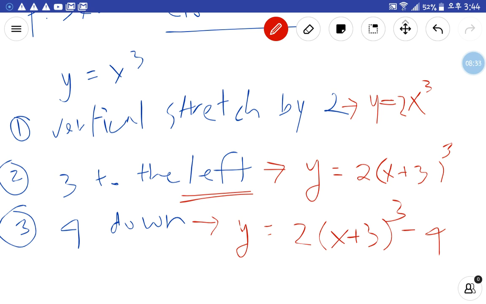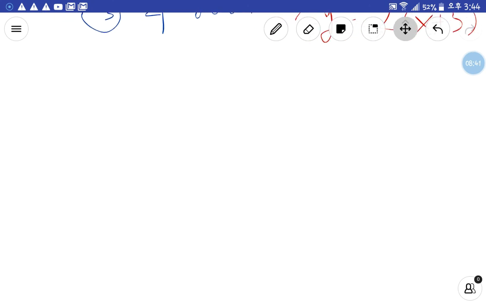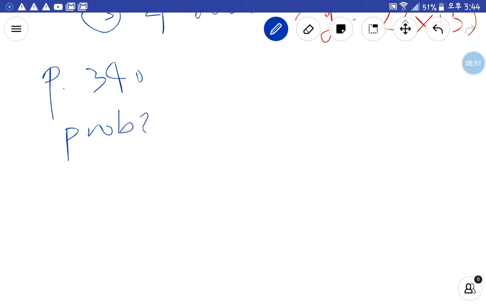All right. Okay, so let's move on to page 340, problem 2. The question is this: finding zeros of a transformed cubic function.